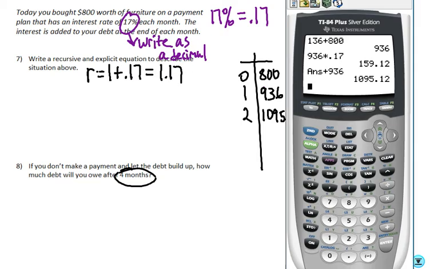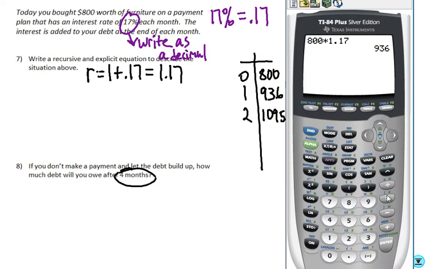So let me start back from the beginning. Let's say 800 times 1.17. Well, you know that anything times 1 is just itself, so 800 times 1 gives me the 800. The 0.17 is the new part, the interest. So in one step, the calculator puts those two things together.